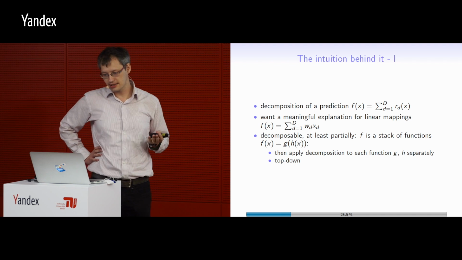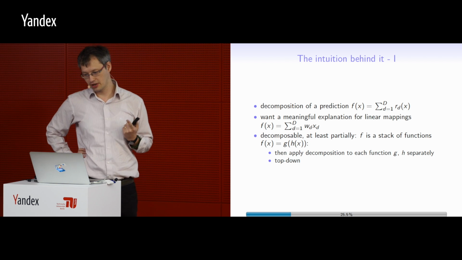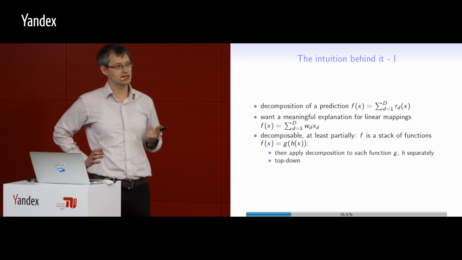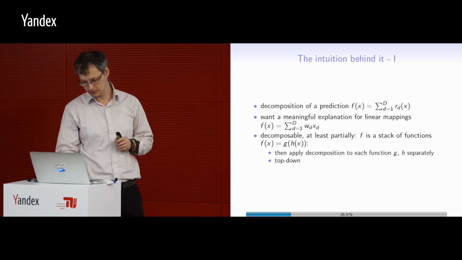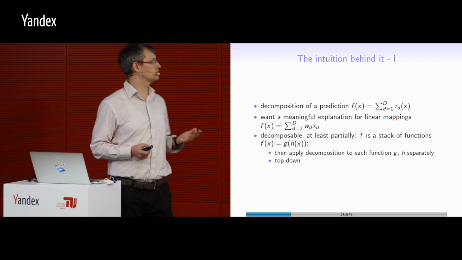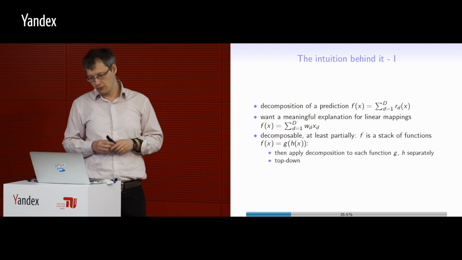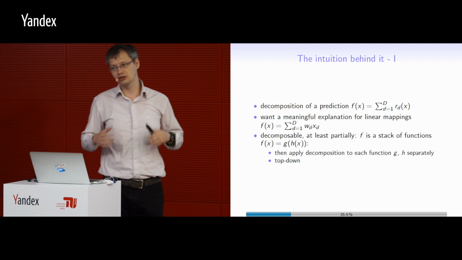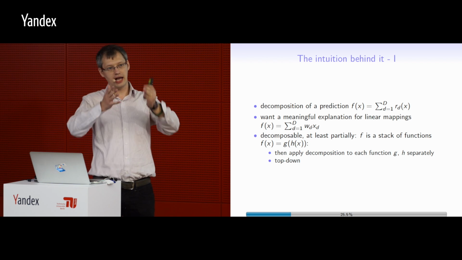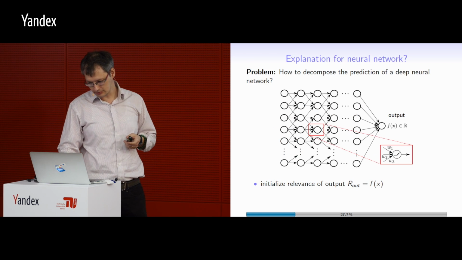And what are these additional constraints? The first thing is I want to have a meaningful explanation for linear mappings, one that makes sense if I have really a simple linear model. It should be at least partially decomposable. So if you stack functions as you stack neurons and layers, you want to be able to apply this decomposition element by element, and then stack them together top-down.